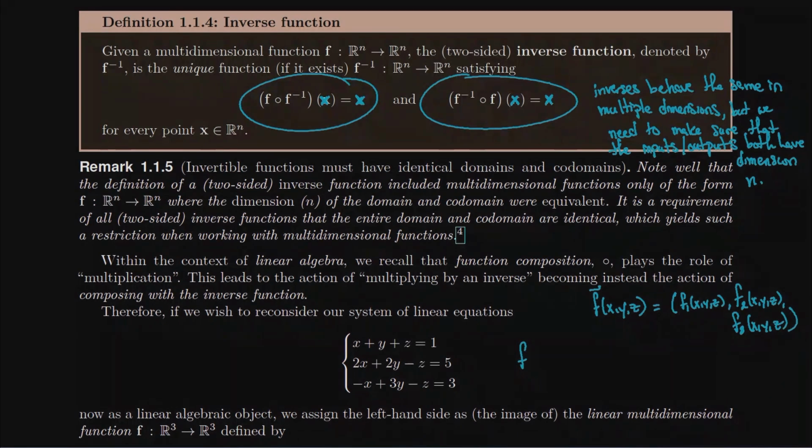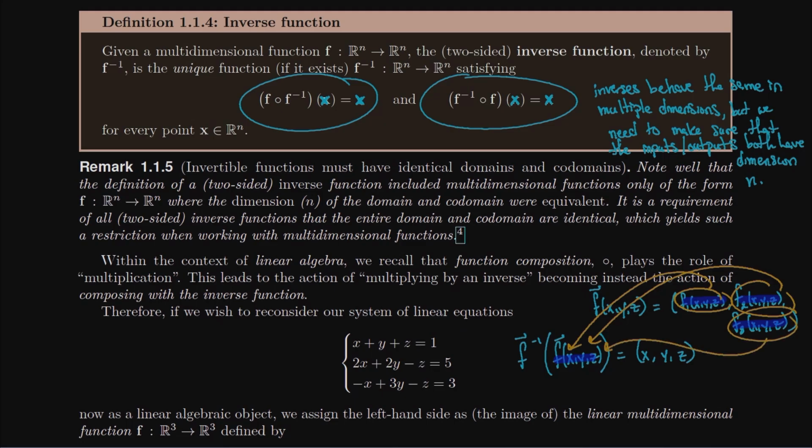And then if I took the inverse function of the forward function f of x, y, and z, what we want out of this is a single x, a single y, and a single z. So three inputs and three outputs in this case. There's the 1, 2, 3 outputs, but if we take the inverse of this, the inverse needs to have the ability to take three things into it, and then the inverse outputs three objects as well, but those objects should be exactly x, y, and z.